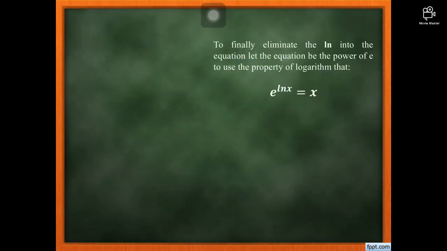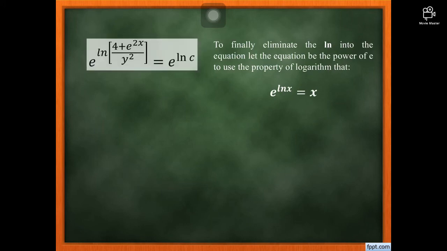Next, to finally eliminate the ln in the equation, let the equation be the power of e to use the property of logarithm that e raised to ln x is equal to x. So this will be the equation. Using the equation as a power of e, we arrive at this equation.